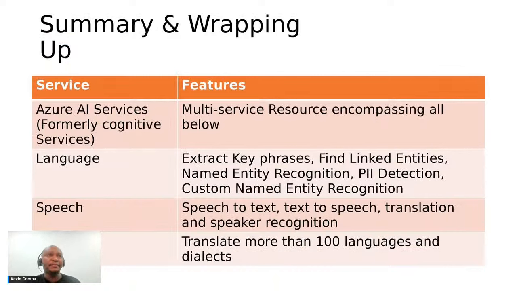So wrapping up, we have talked about Azure AI services, formerly cognitive service. We have seen you can use the multi-service resource, which I showed. Also, you can just go direct and use the language service, the speech service, and do various things we have done, like PII detection, custom named entity, extract key phrases, and also translate more than 100 languages if you're using the translator.